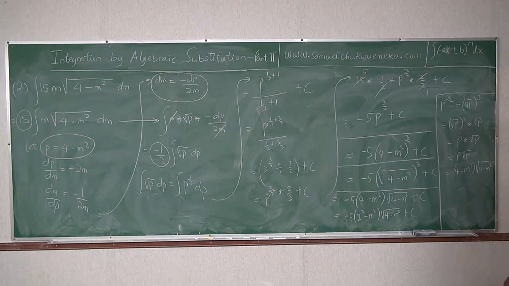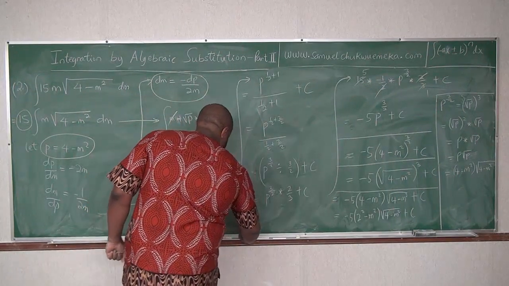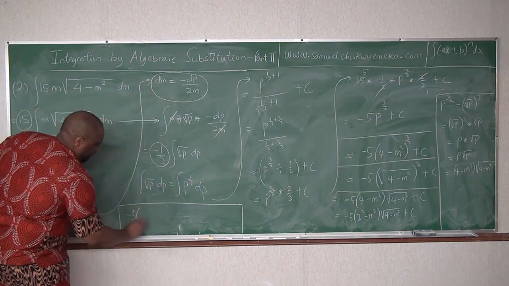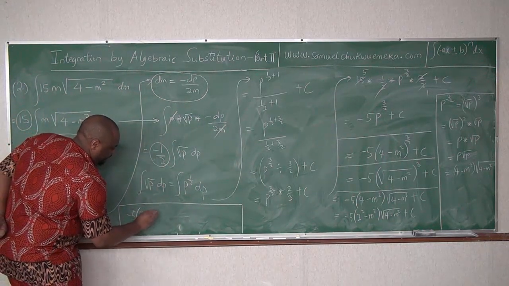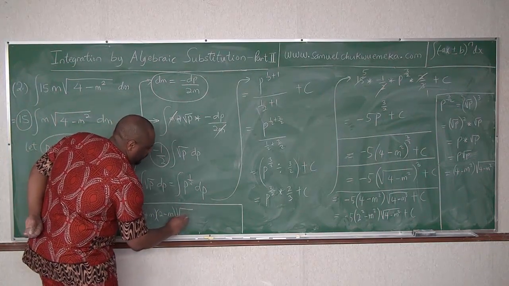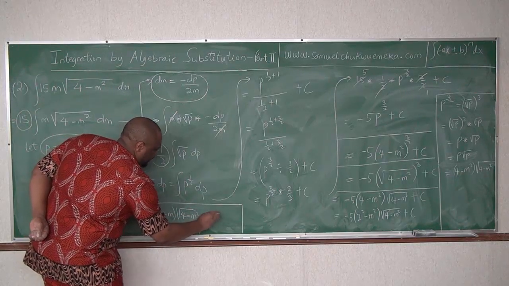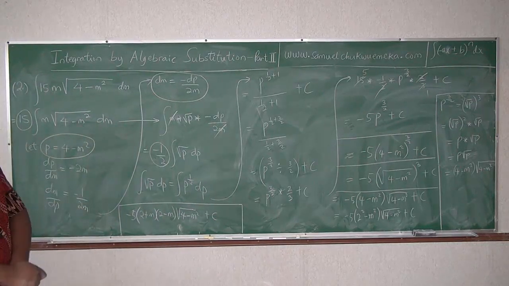Our final answer would be negative 5, 2 plus m times 2 minus m, then square root of 4 minus m squared plus c. That's our final answer.